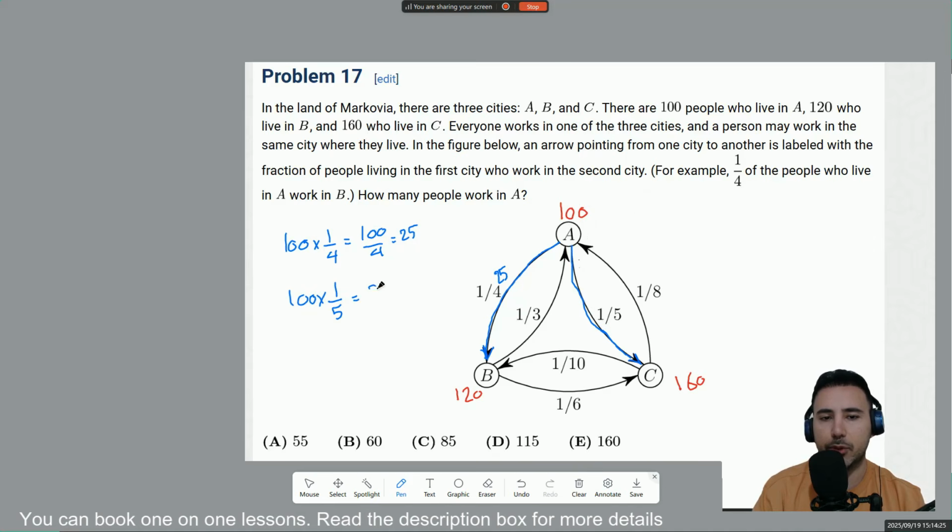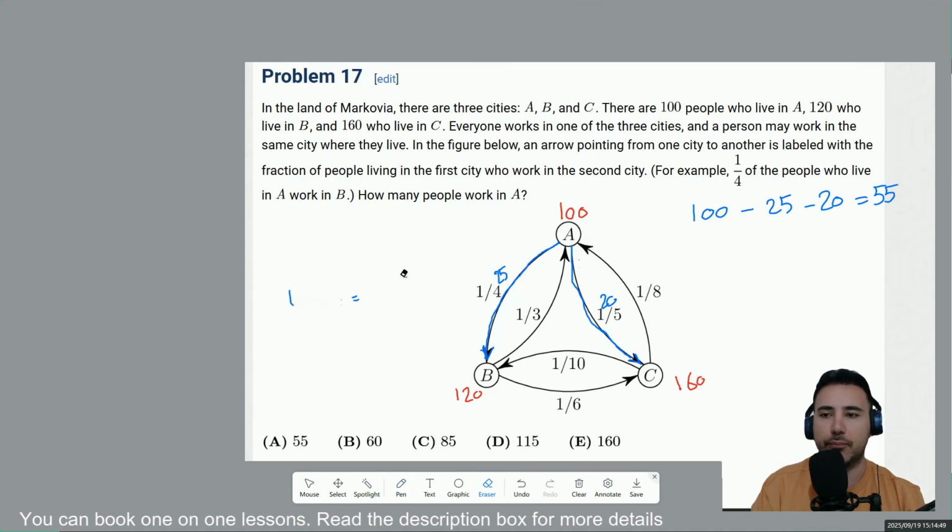This is equal to 20. So what happens to the rest of the people? 25 left, 20 people also left. So how many people stay in A for work? That's going to be 100 people were there, minus 25 minus 20, which is equal to 55. So 55 people don't go anywhere. So that's one part of the answer, 55.